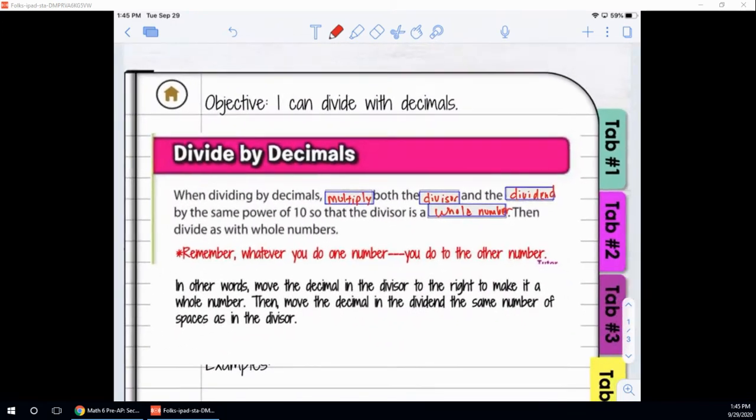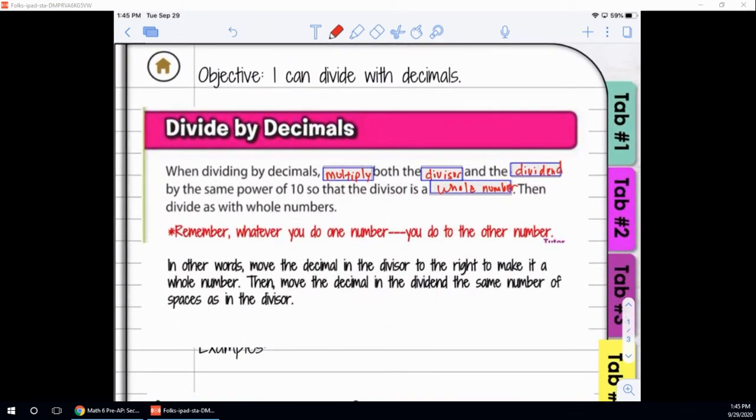Okay, so when we have decimals, we actually want to change them. At least we want to change the divisor into a whole number, because that's how we divide decimals, by changing the divisor to a whole number.